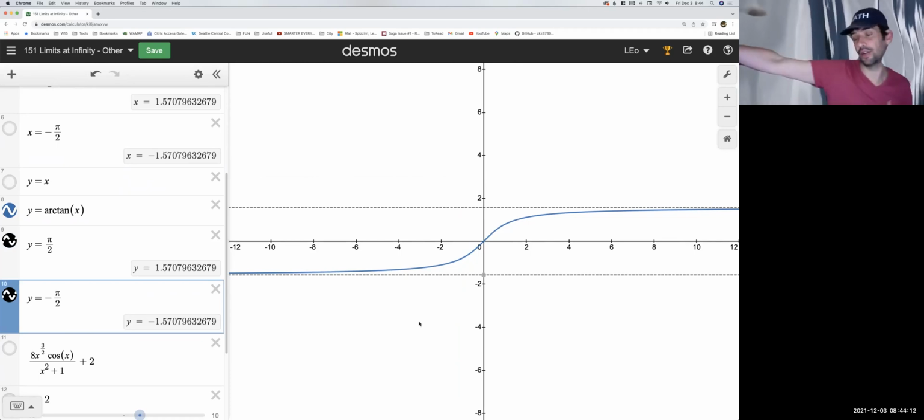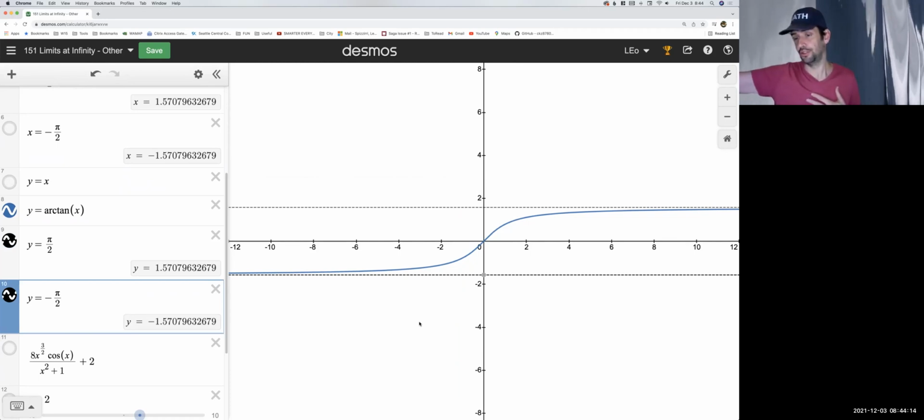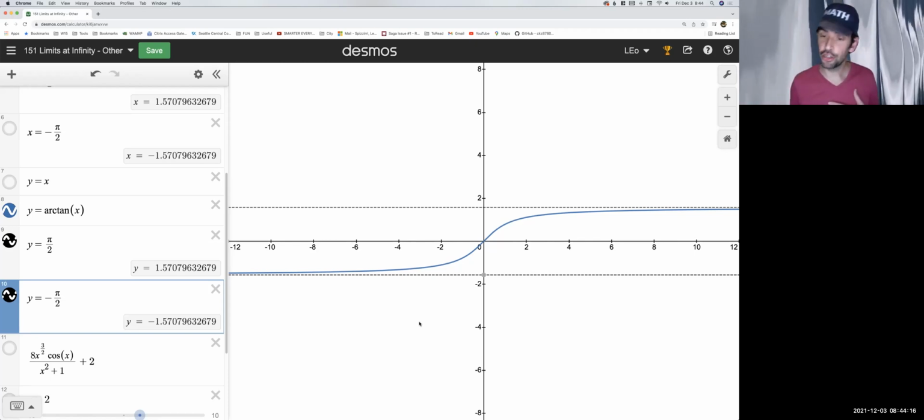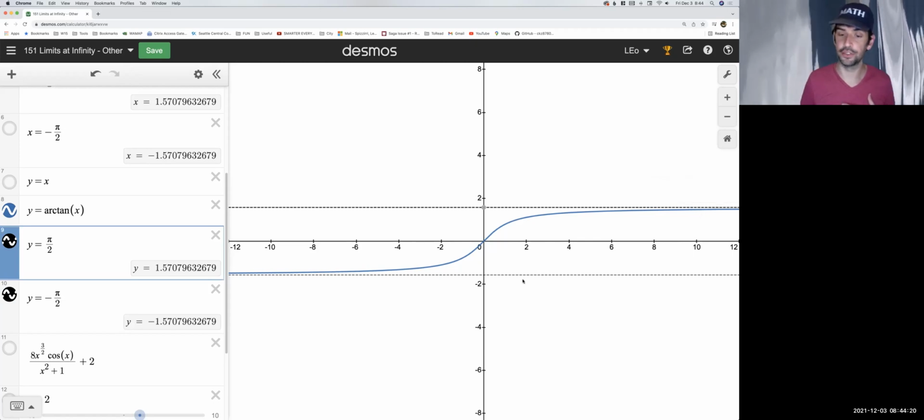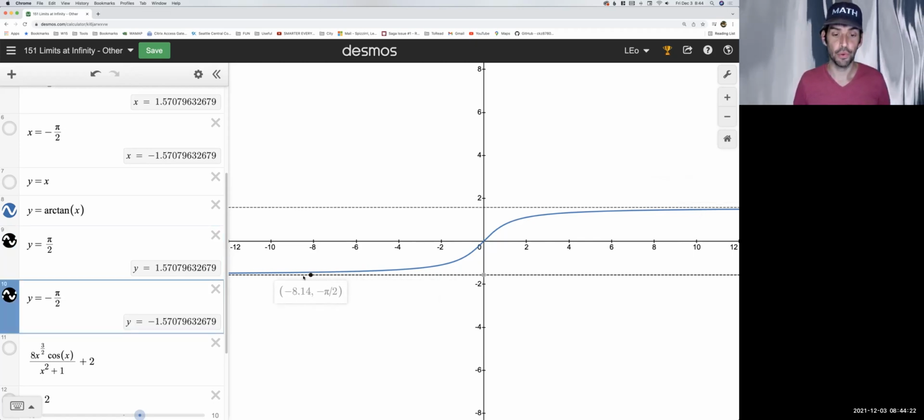As we put in higher and higher x values, we get values closer and closer to this asymptote pi over 2. And as we put in more and more negative x values, we get closer and closer to this negative pi over 2, right? We're always just above it.